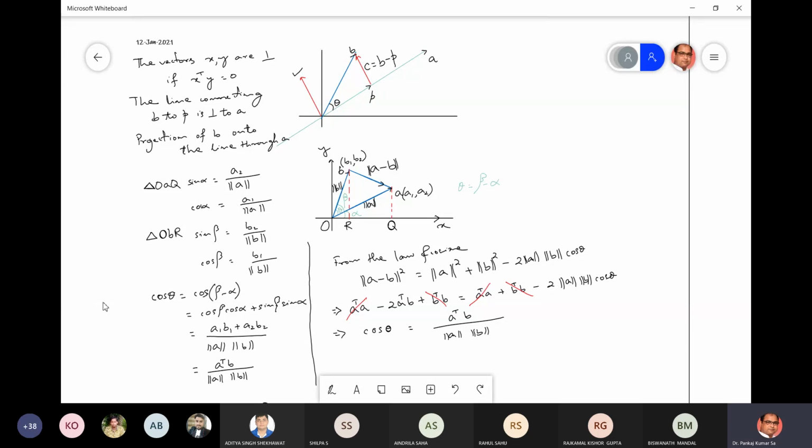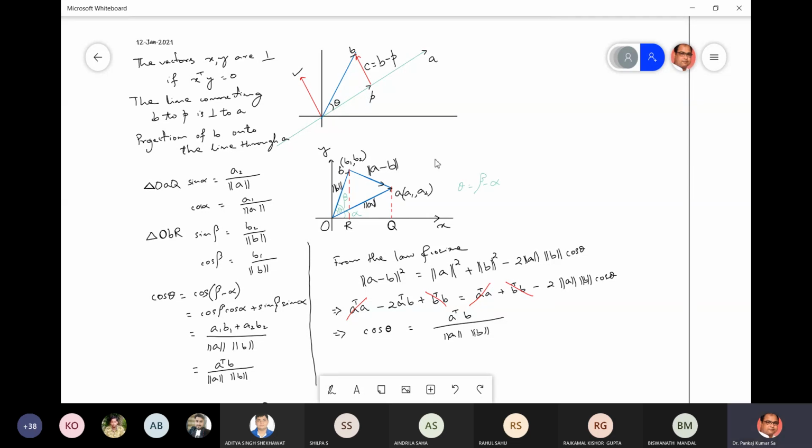So, given a vector A and another vector B, which are not orthogonal to each other, we tried to find out the projection of one of the vectors, let us say B, onto the line A. This is what we tried to find out.